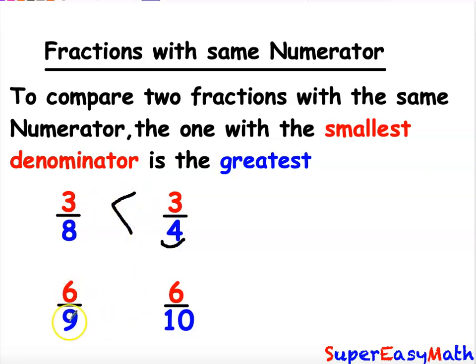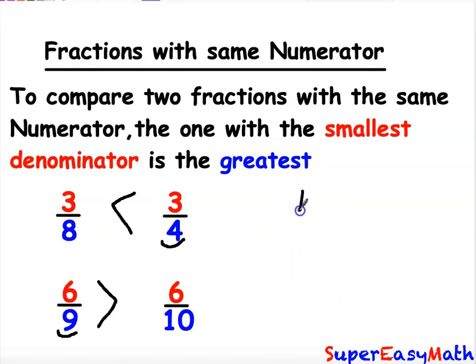The same here, so 6 over 9 and 6 over 10. Same numerator 6, the smallest denominator corresponds to the greatest fraction. So 6 over 9 is greater than 6 over 10. You can also think about it as a school mark. So suppose that we have two students.